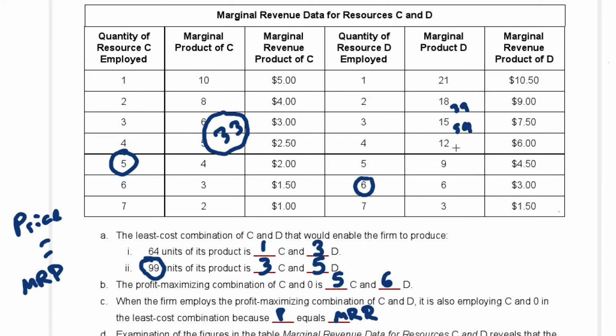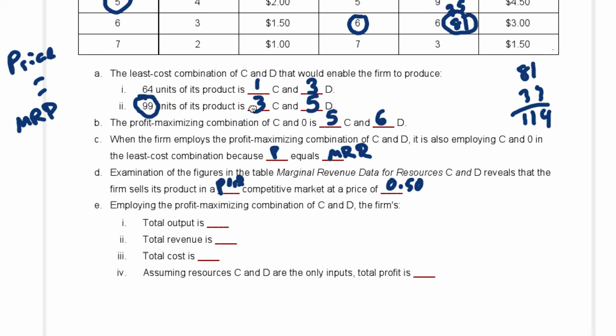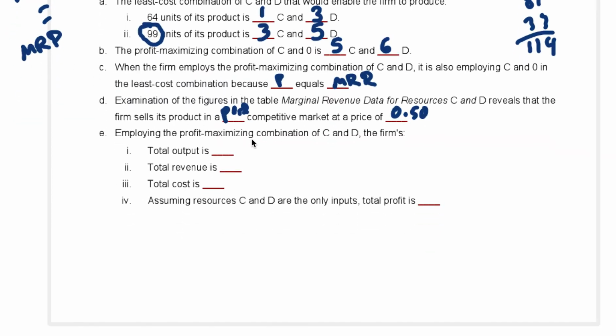Plus 12 is 66. Plus 9 is 75. Plus 6 more is 81. So 33 plus 81. I'm tired of doing math. 114. All right, so we're going to produce 114 of these things.